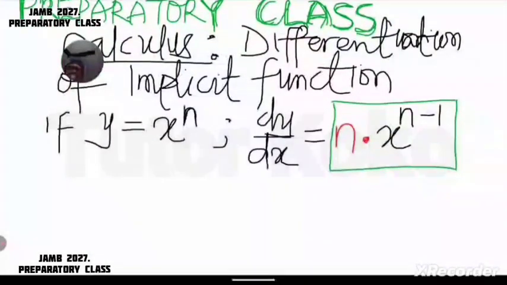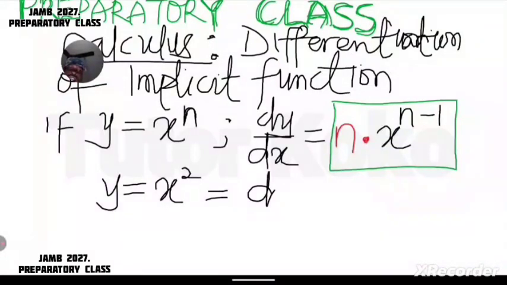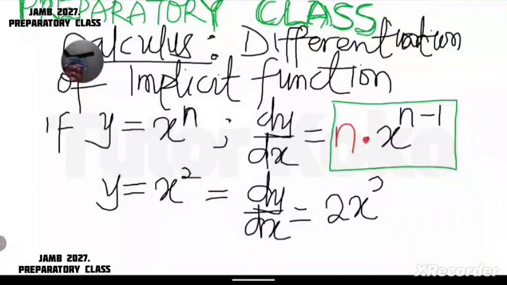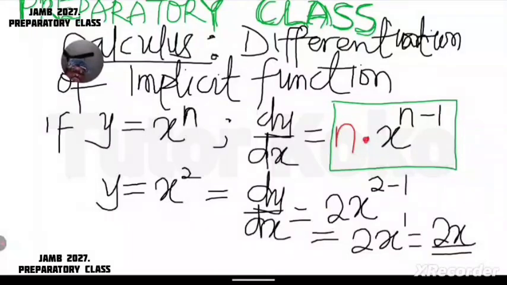Beautiful. So that means if I am asked to differentiate the function y equals x to the power of 2, dy/dx is going to be what? That is 2x to the power of 2 minus 1, which gives 2x to the power of 1, and that simply means 2x.